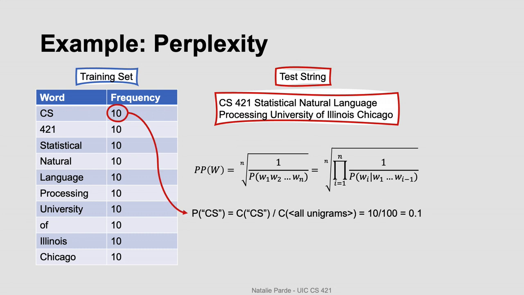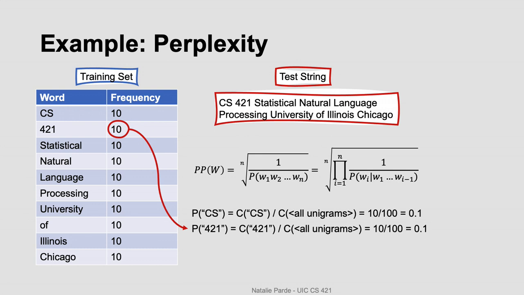So we'll go ahead and start working our way through the test string. We're computing perplexity for a unigram language model here, so we'll go ahead and divide the frequency of the word CS by the frequency of all unigrams in the corpus. So that'd be 10 divided by 100 for a probability of 0.1.